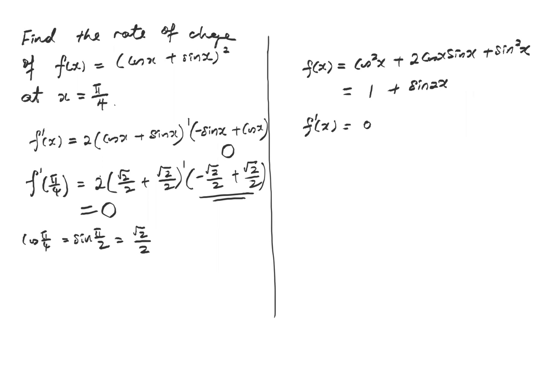So this is 0 plus 2 cos 2x. So this is 2 cos 2 times pi by 4. That is 2 cos pi by 2, which is 0. Cos pi by 2 is equal to 0. So if you have this in mind, you don't have to do this expansion.